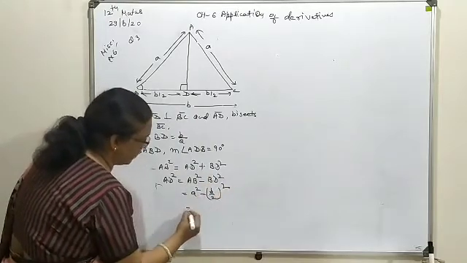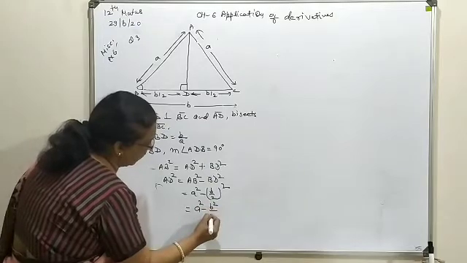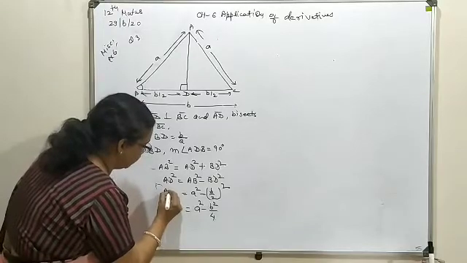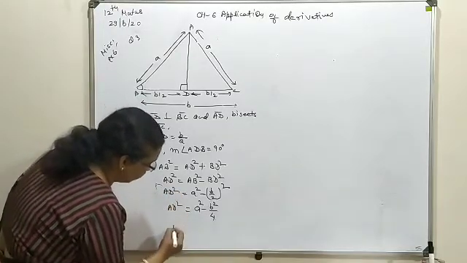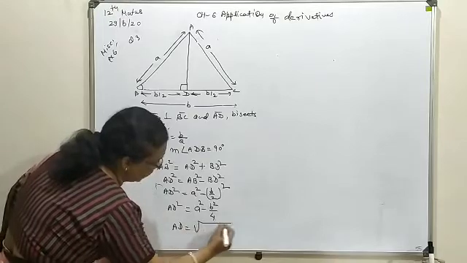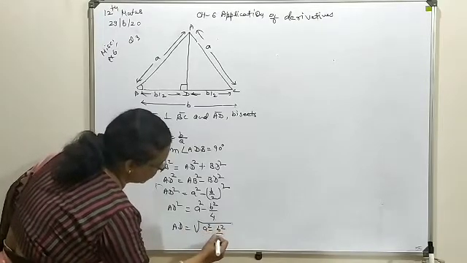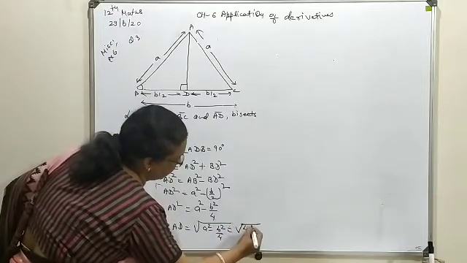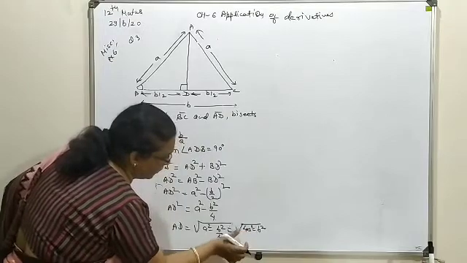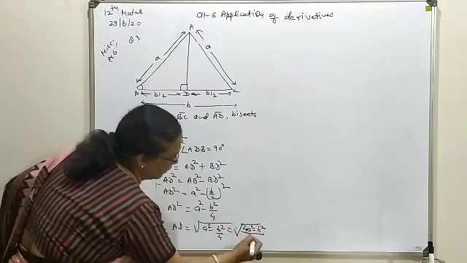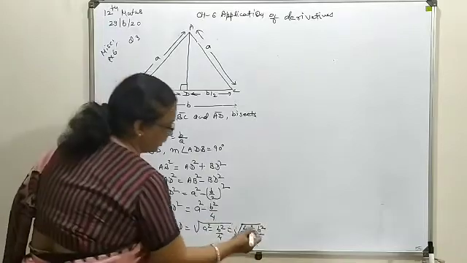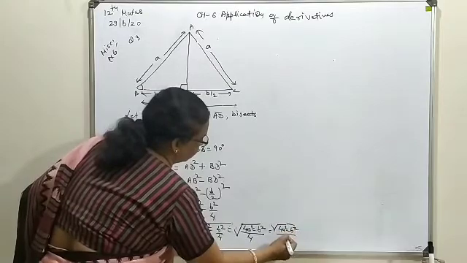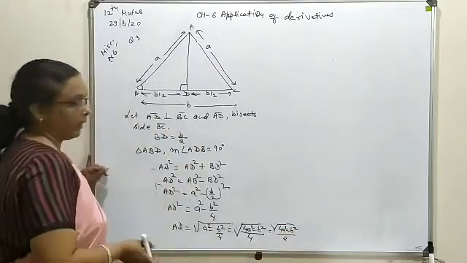It's a whole square, so that is B square by 4. You can keep it as such, or write it inside the square root. From here you can take the LCM, so this is 4A square minus B square over 4. The 4 comes out of the square root. So it will give you AD equals under root 4A square minus B square upon 2. This is the length of AD.